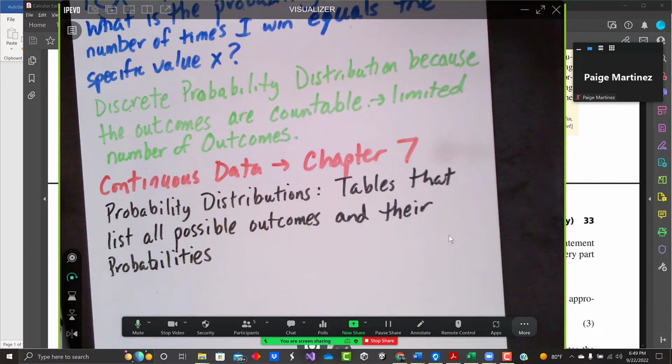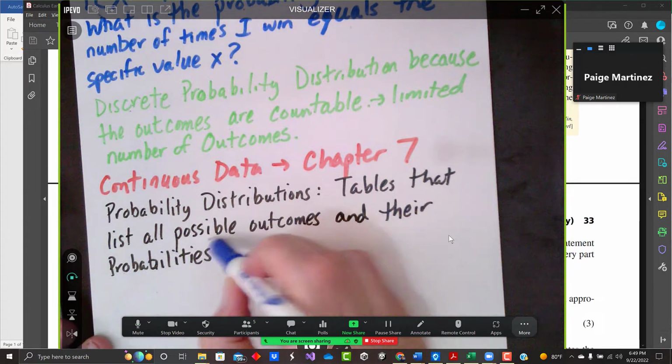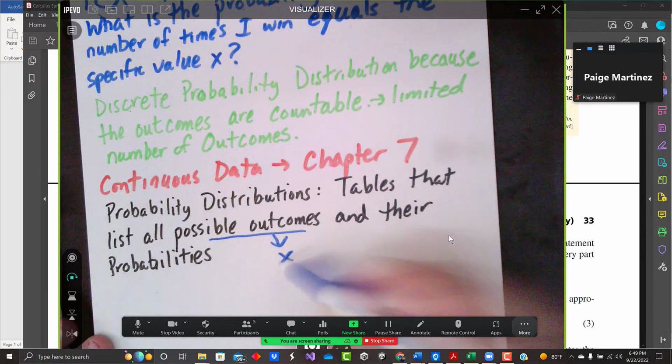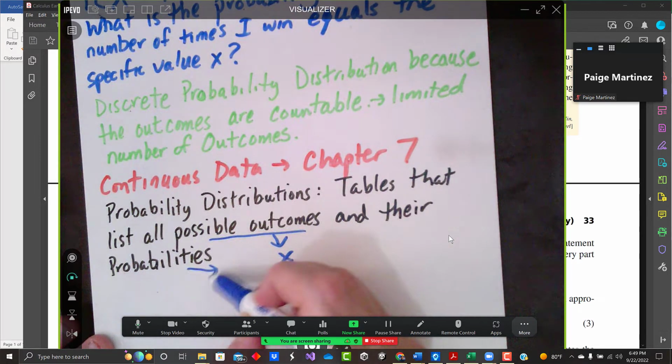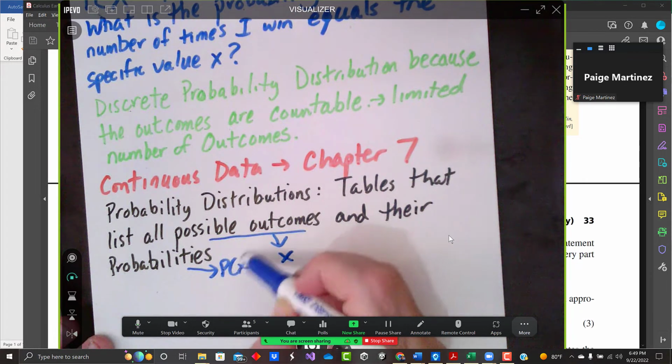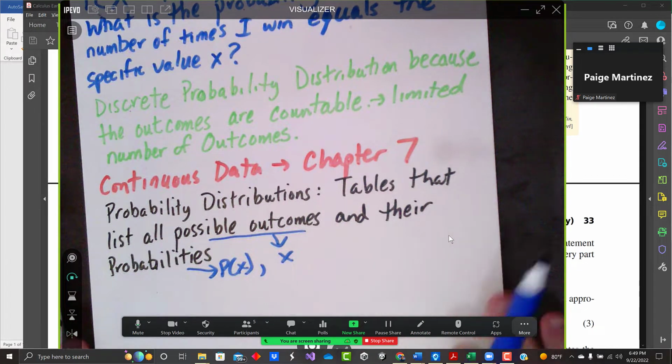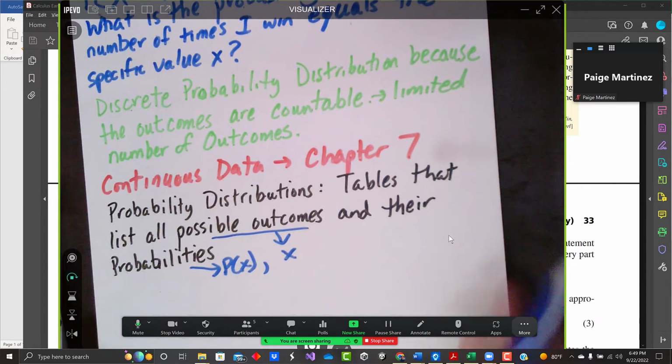All possible outcomes, that's my x, and their probabilities is the P of X. We talked about those as being part of the expected value, and they'll show up in a second.